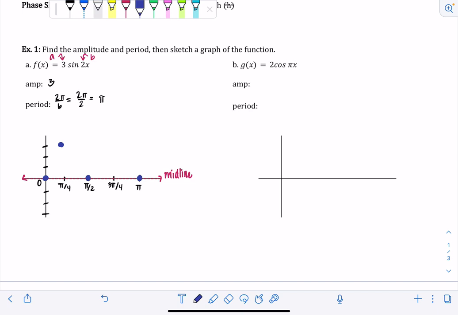So at 3 pi over 4. So 3 pi over 4 and then negative 3 right here. And then I just need to connect them in that curving shape. Okay, not the prettiest, but we got the points, and that's the most important thing.